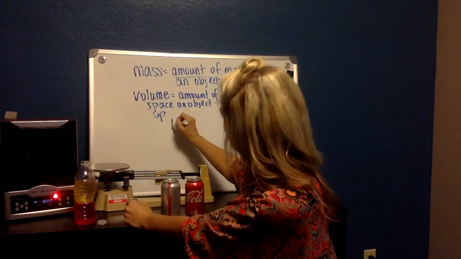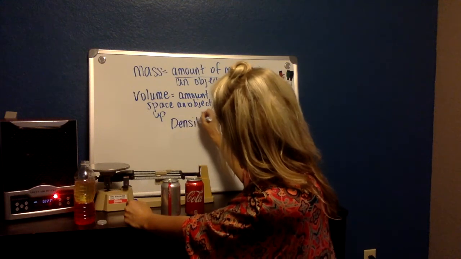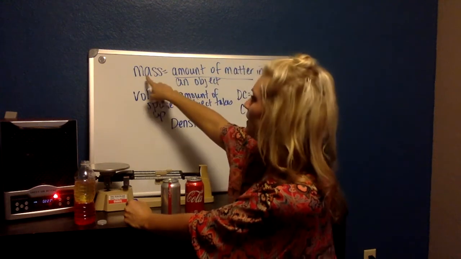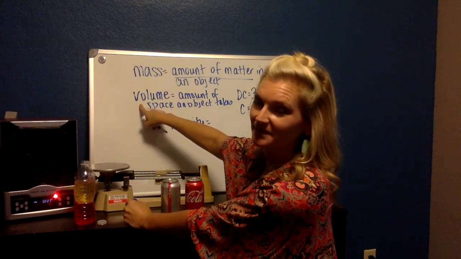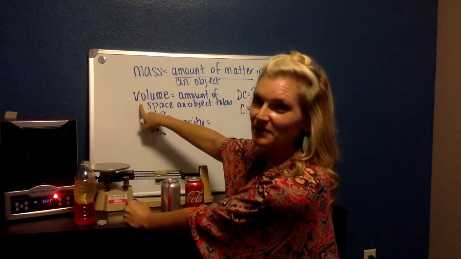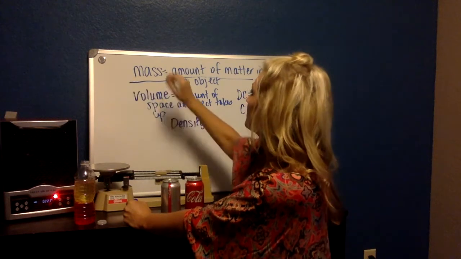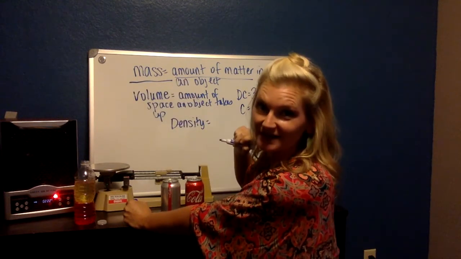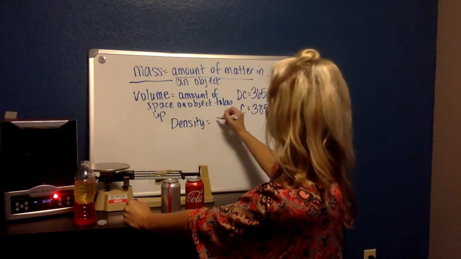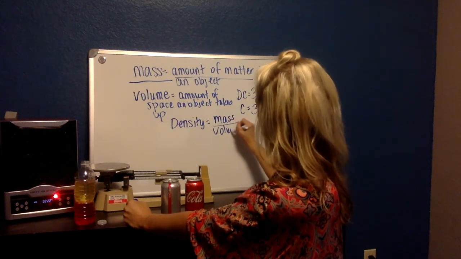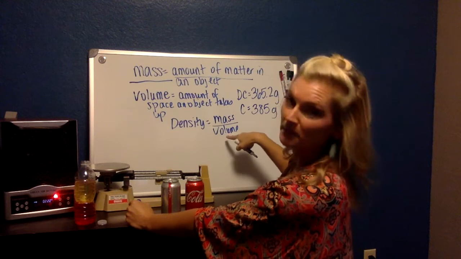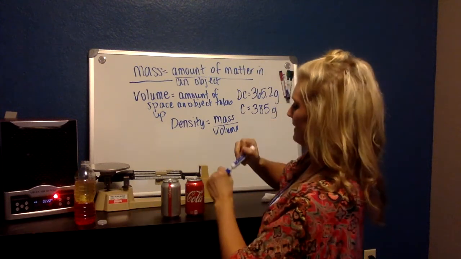The way that you calculate density is equal to the mass, how much mass is in something, per the volume. If you think about math class, when you say something per something else, that should look like a division symbol to you. So density is equal to mass divided by the volume. How much mass per volume in that same amount of space.